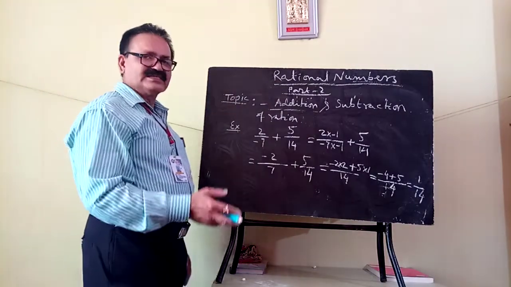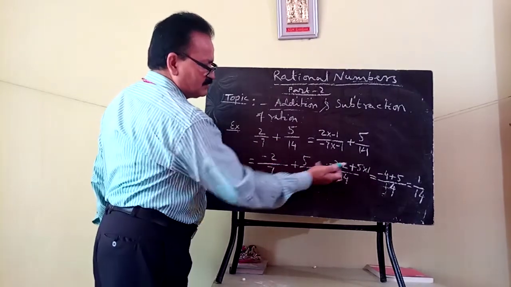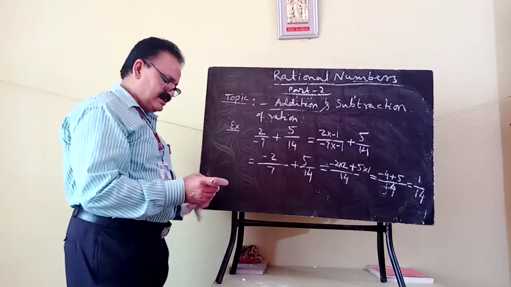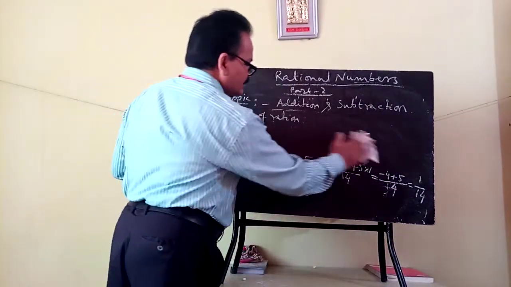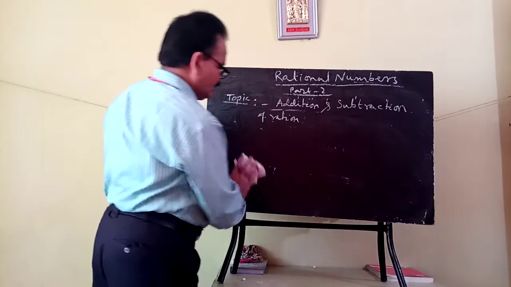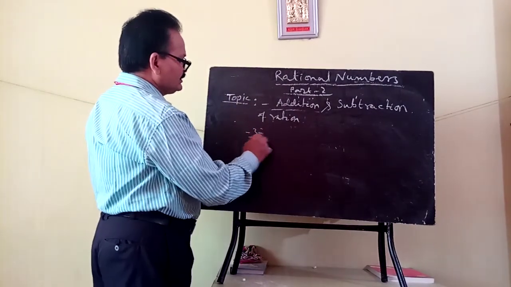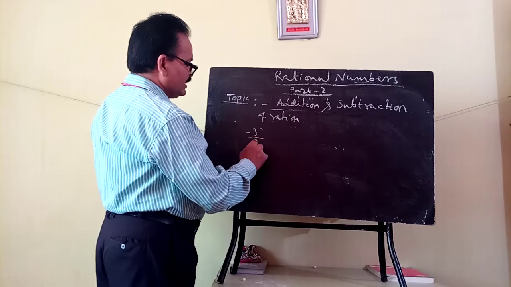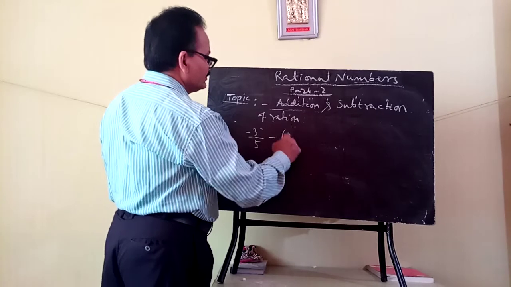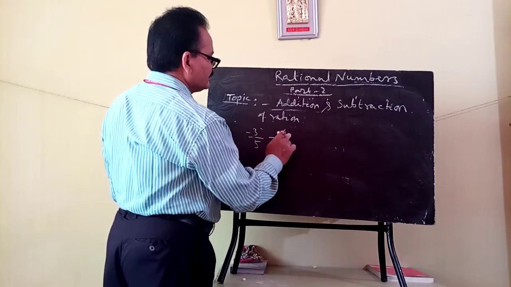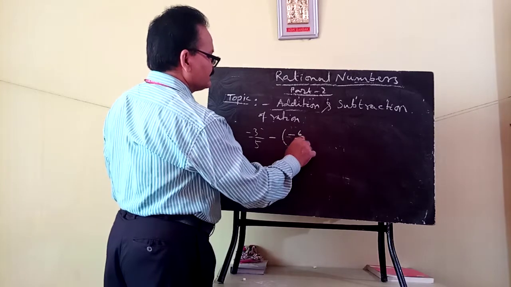Same thing in case of subtraction also. You only have to write minus instead of plus. Okay, you have got it. Now we take an example of subtraction: -3/5 minus of minus 6/7.